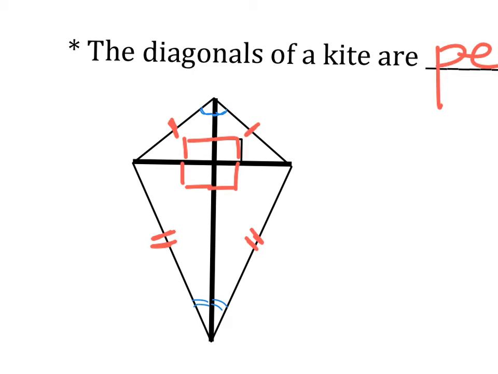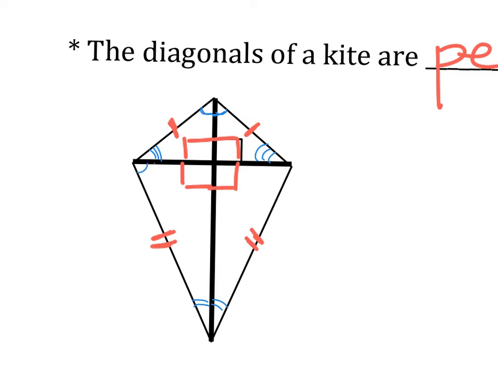So it is bisecting, but opposites aren't congruent like a rhombus was. So the two up top are congruent, the two on bottom are congruent. The other diagonal doesn't bisect, but you still have some congruence there. So with the other diagonal, you end up with these two the same, and the ones right below that are the same, but they are not all four the same as each other, okay?